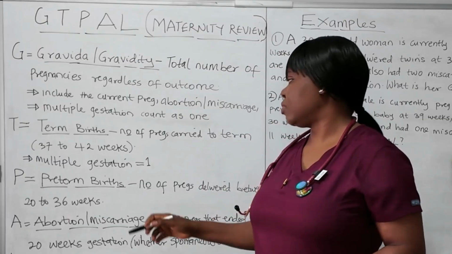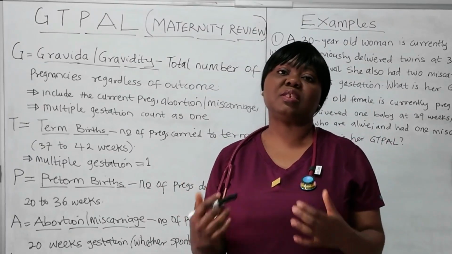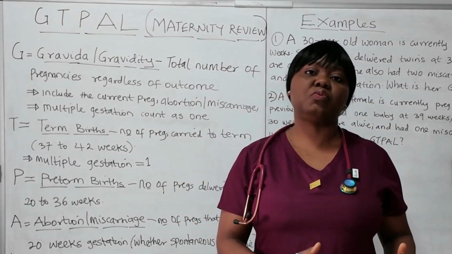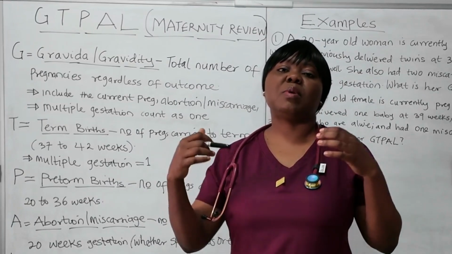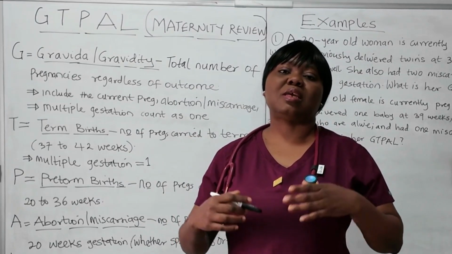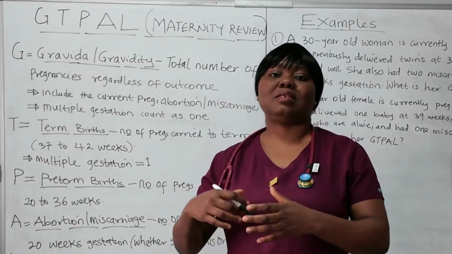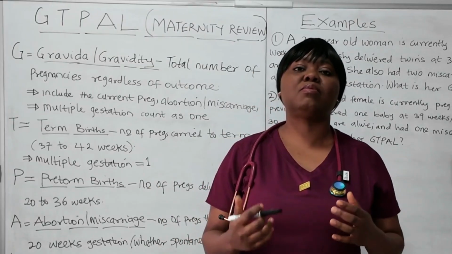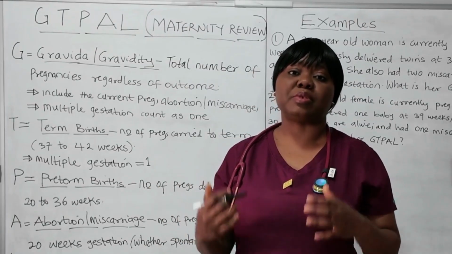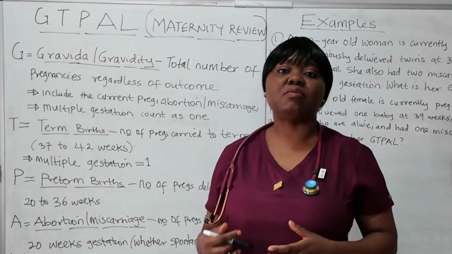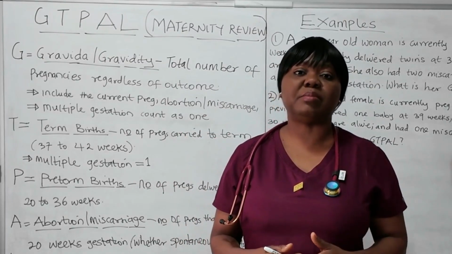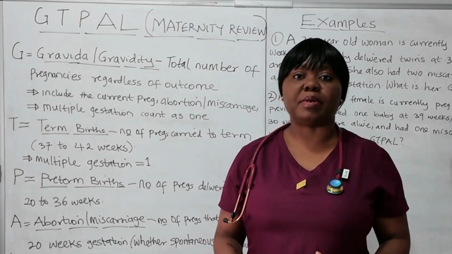Now the next one is preterm birth. So for preterm birth, we're looking at the number of pregnancies that were delivered between 20 weeks to 36 weeks of gestation. So meaning if a woman carried a pregnancy for 36 weeks, let's say 6 days, not up to 37 weeks, we're still going to count it as preterm. As long as the pregnancy did not get to 37 weeks before the woman delivered the baby, we call it a preterm birth.